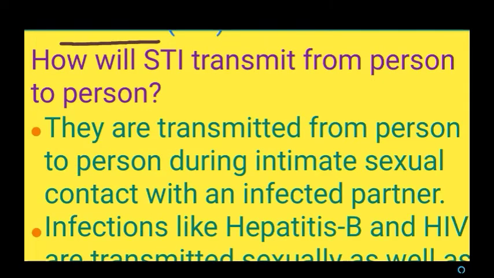So now we are going to learn about how sexually transmitted diseases are transmitted from person to person. Usually these diseases are transmitted during intimate sexual contact with infected partners.